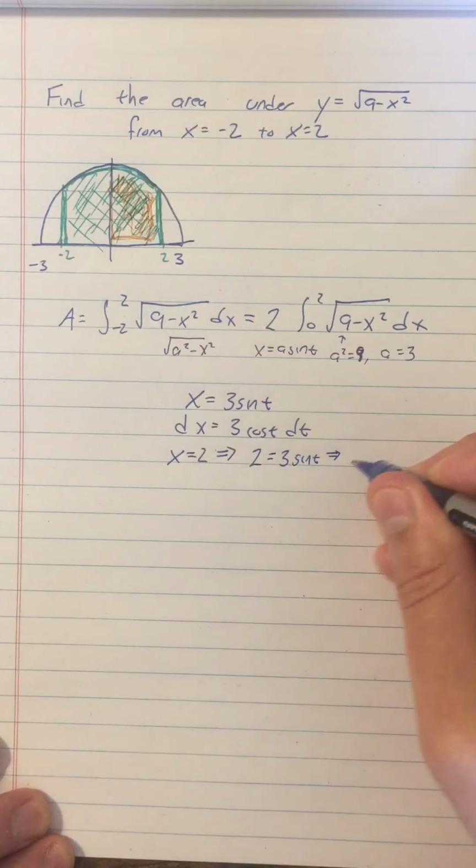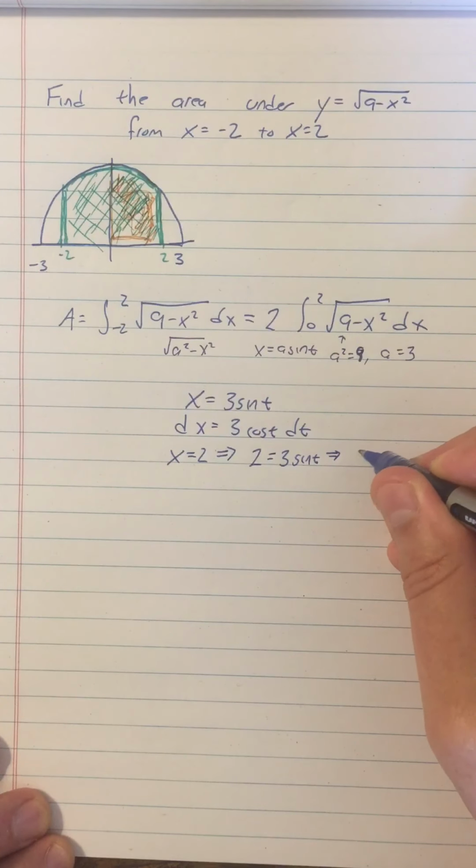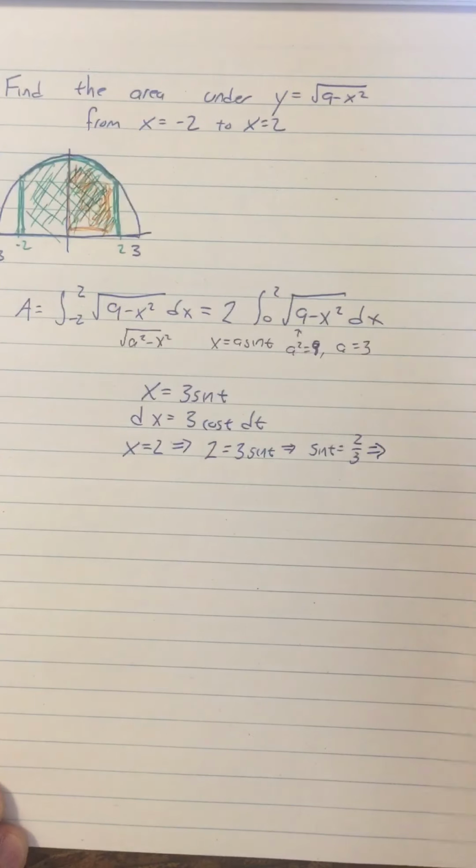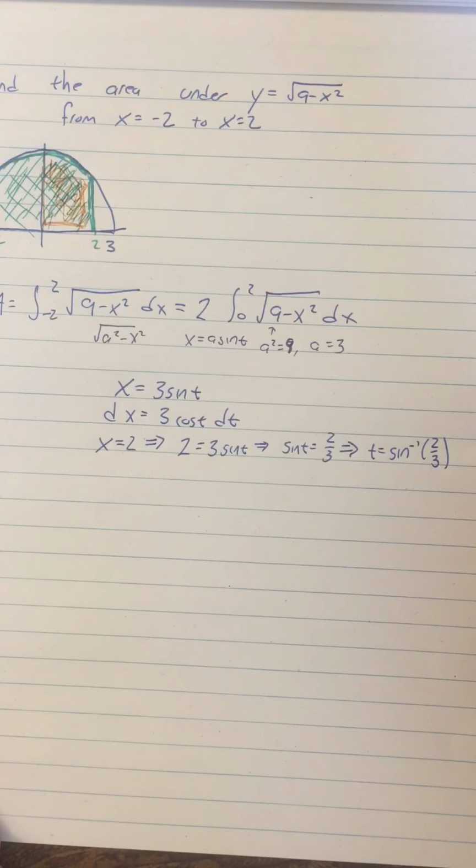That means sine t equals 2/3, and that means t is equal to the inverse sine of 2/3. So this time we didn't get a very nice number for that upper limit, but that won't stop us. It will lead us into some other interesting, important considerations.